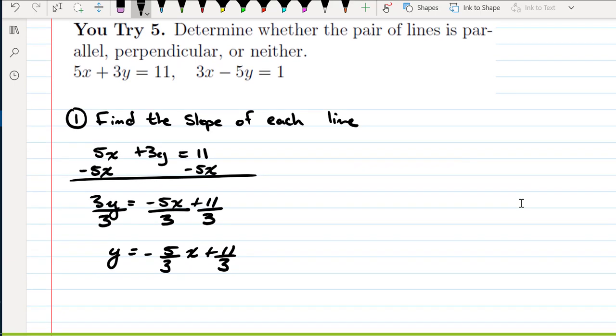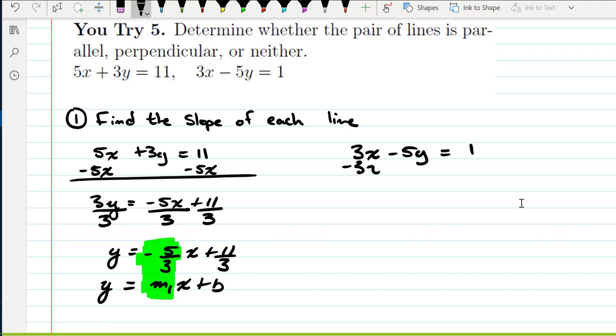So now that we have it in this form, we can identify our m for this equation. So it looks like our m1 value is going to be negative 5/3. So now we rinse and repeat, and we do the same thing on the other one. We have 3x minus 5y equals 1.